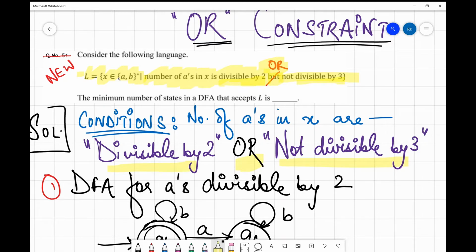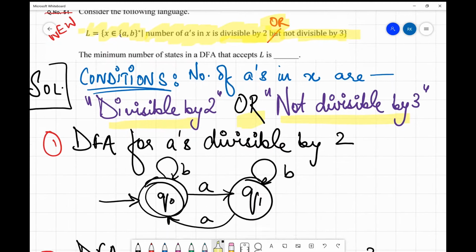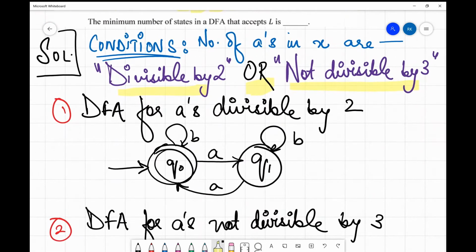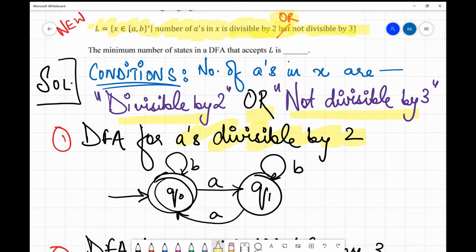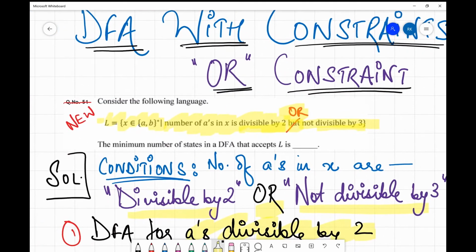If you go through my previous video, we already drew this DFA for A is divisible by 2. So what was the basic logic used behind solving this question? I said that it will be much simpler if we draw the DFA for these individual constraints and then combine both of them.